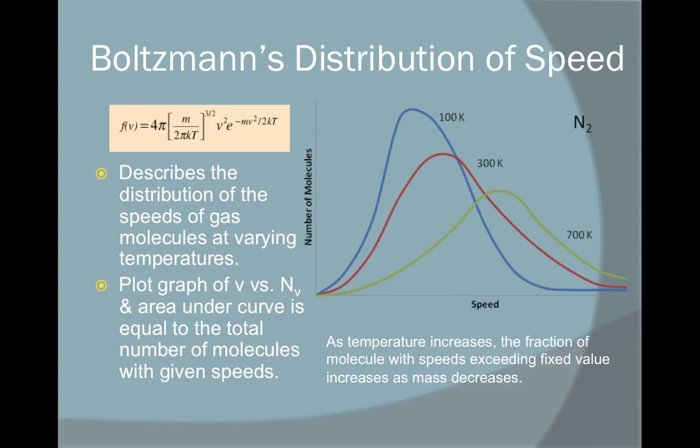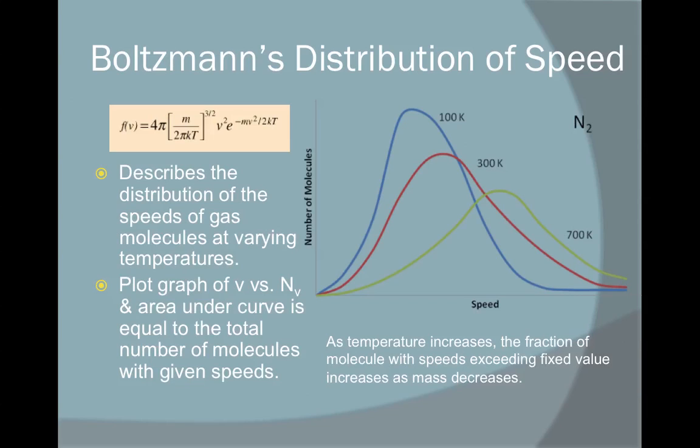That was used to describe the different energy states of molecules, but Boltzmann wanted to go further. He wanted to be able to describe the speeds of different molecules at different times. So he derived this equation, and it describes the distribution of speeds of gas molecules at varying temperatures.